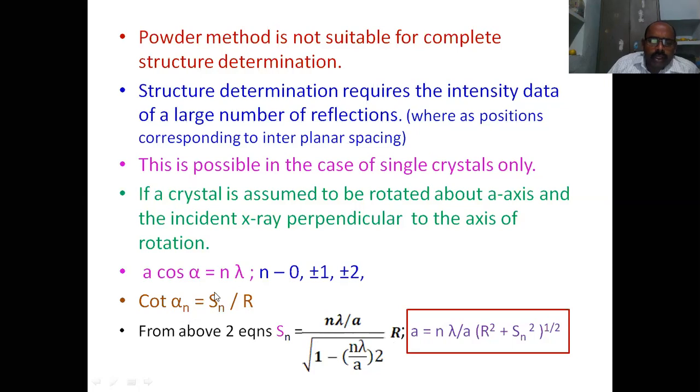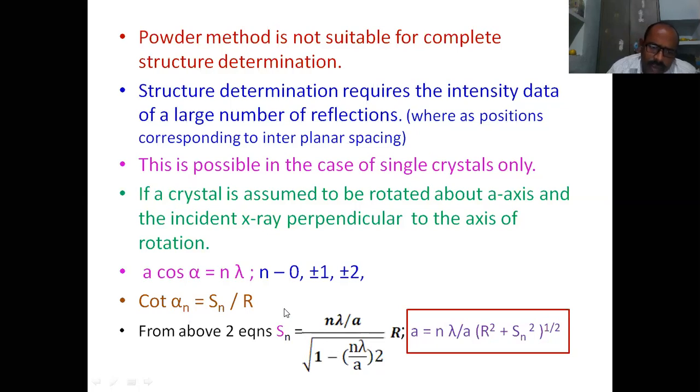So we are writing Sn is equal to, by sending this R towards the LHS as a multiplier, R times n lambda by A, which corresponds to the cos alpha term, divided by this total one which corresponds to the sin alpha. In this way we get Sn.